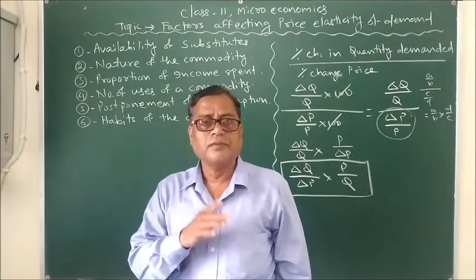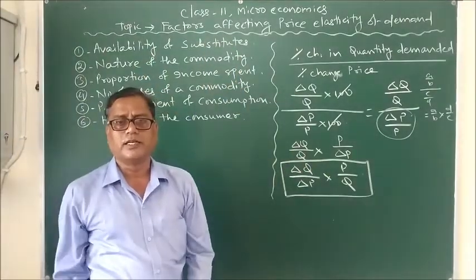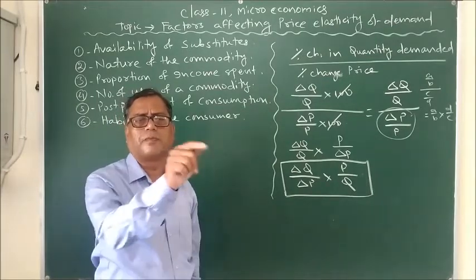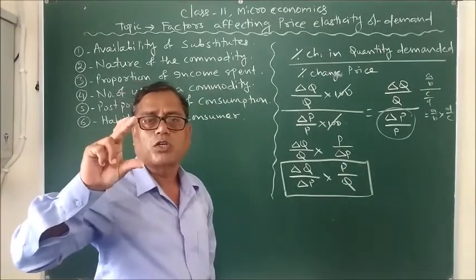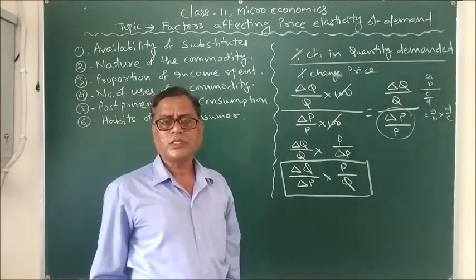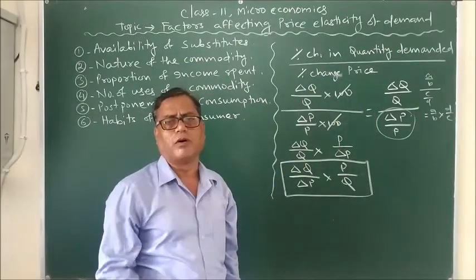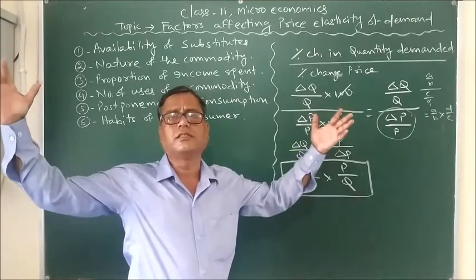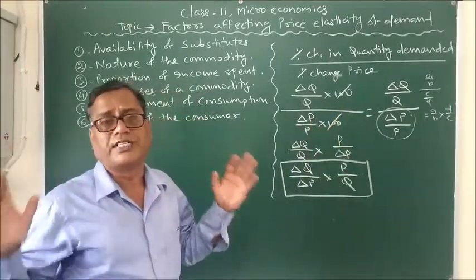On the other hand, if out of our total income we are spending a very negligible amount on a particular good, like to purchase a needle or a box of matchsticks, then for a greater change in the price, the demand would remain almost unchanged.